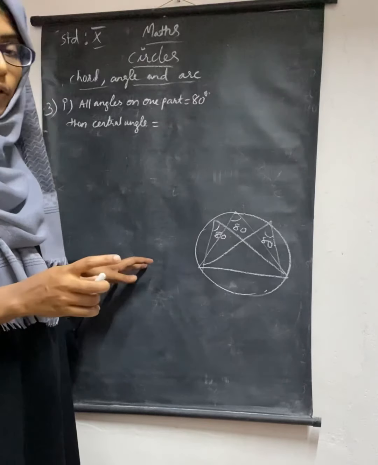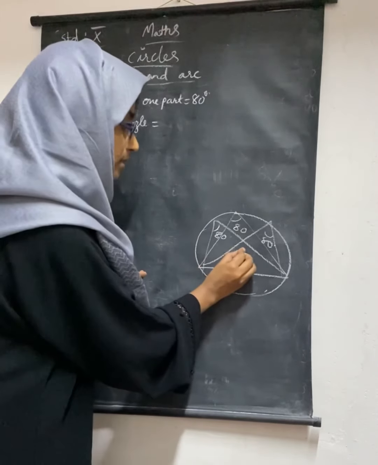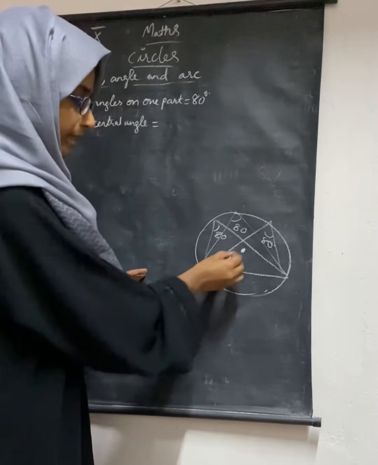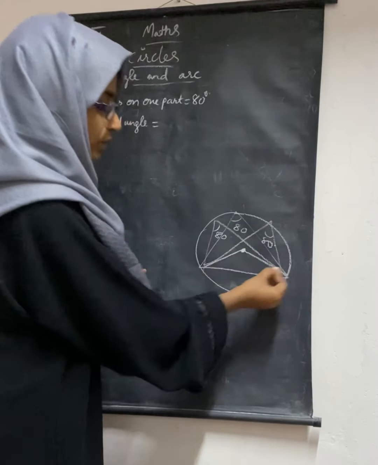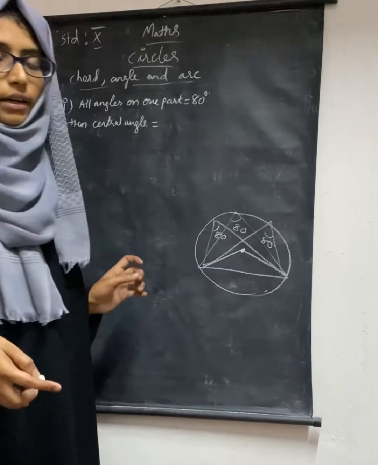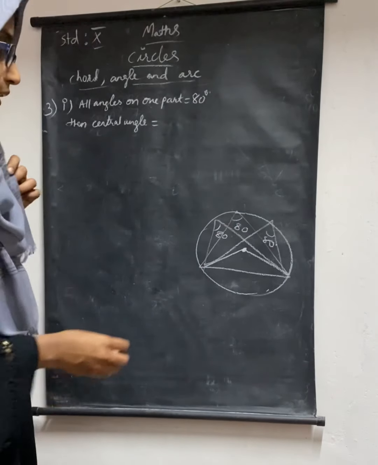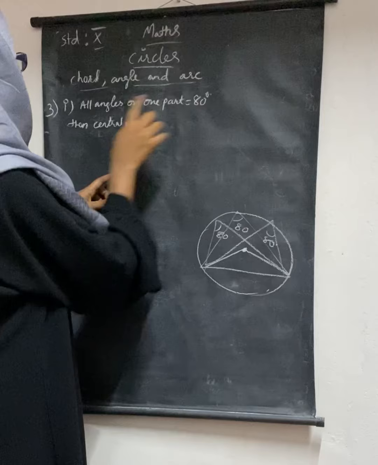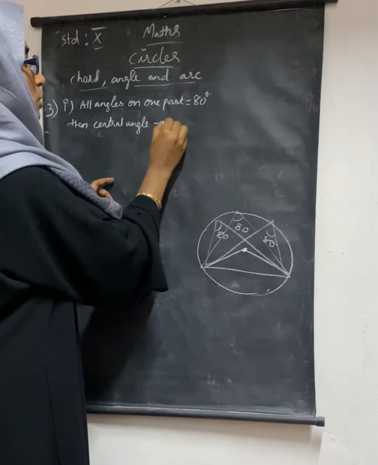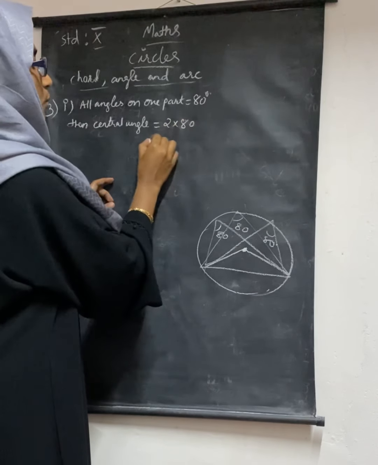So the main important thing, we have to consider the central angle also. Central angle, if I join here, if this is 80, what will be the central angle? Everybody knows that. 80 doubled is 160. So that you have to consider first. So all angles on one part 80, then the central angle will be 2 into 80, that is 160.